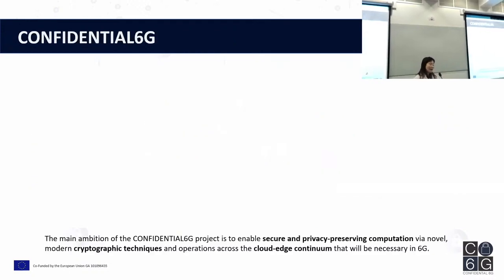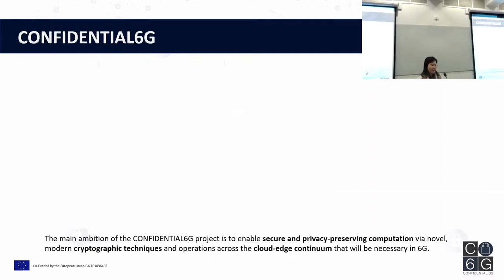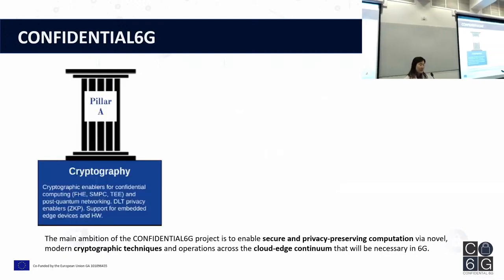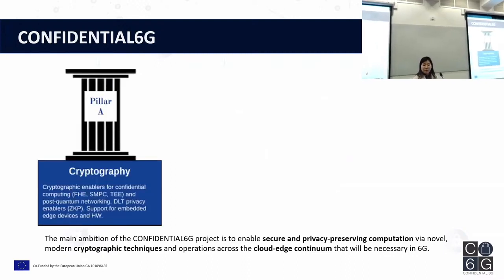So still going back to confidential 6G, we all know it's an EU project focusing on security and privacy. But the main research architecture is, as I presented before, trying to find the privacy solutions using cryptography techniques and supporting the cloud and the edge communication. Three main research pillars.